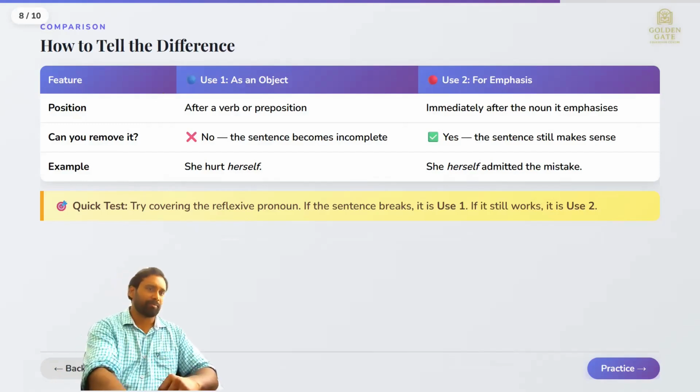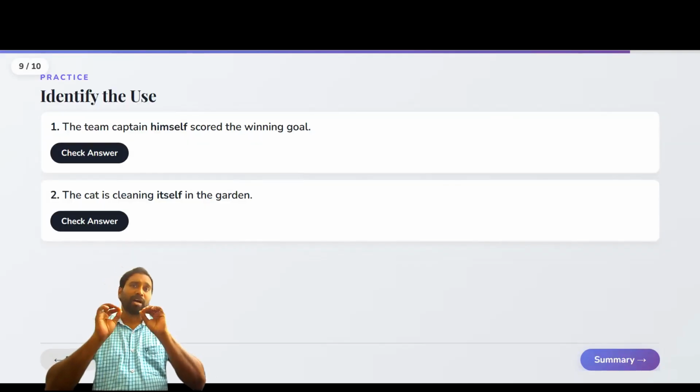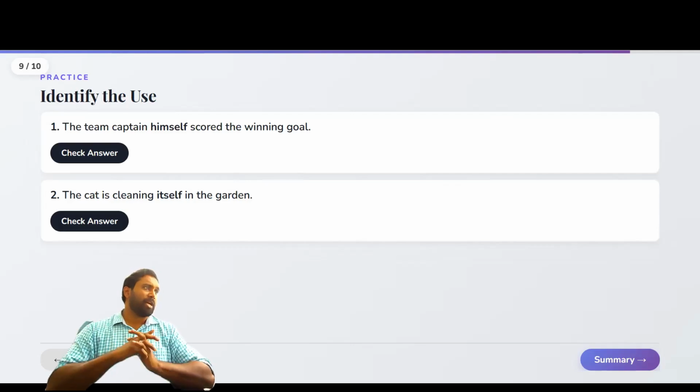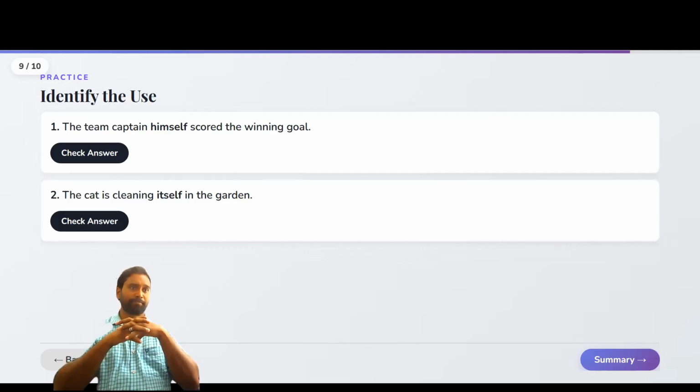We'll do a quick test. Okay, children. Now I'm going to show you two sentences. For each one, I want you to identify which use of the reflexive pronoun it is. Ready? Okay. Look at the first sentence.